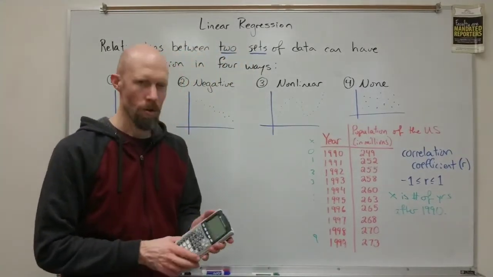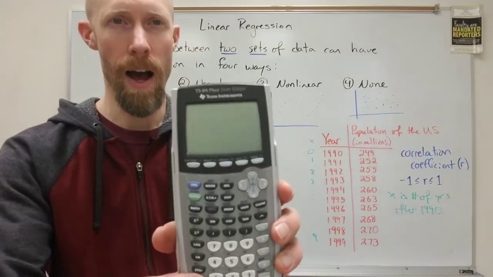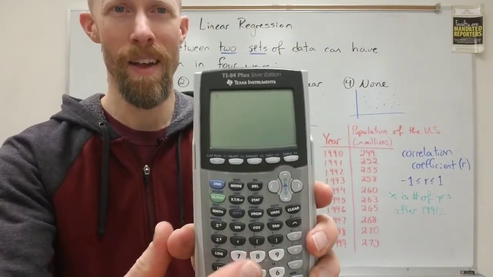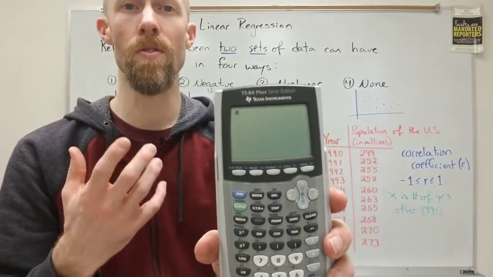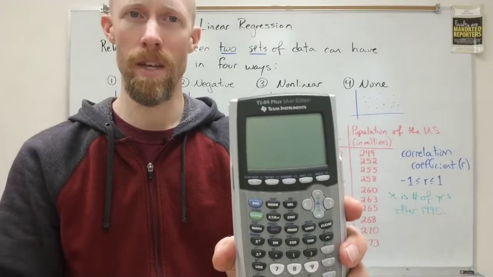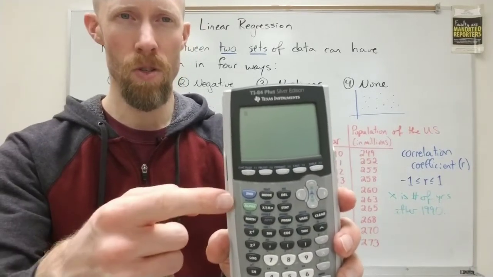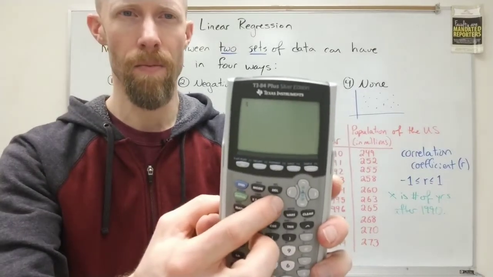So what I want you to do, and I'm going to give you some instructions on this, you're going to turn your calculator on, the easy part, and then you're going to use the stat button. Okay, so this data, first of all, the data needs to be entered into the calculator, and then you can create the scatter plot. Okay, so to enter the data, you go to your stat button. Yeah, that's the one.